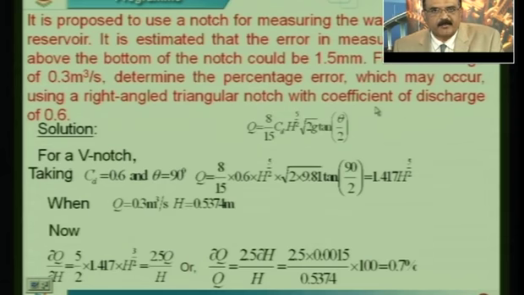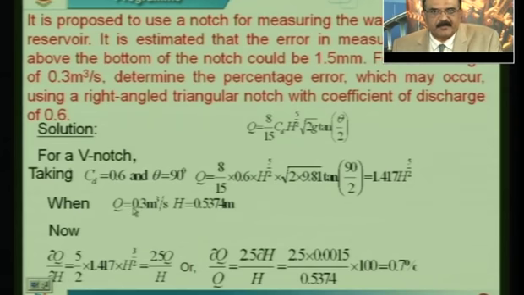Again I repeat, write a general equation for this V notch and substitute the given values. The value of CD is 0.6, theta is 90 degrees, therefore tan 45 is 1. If you simplify this equation, you get Q is equal to 1.417 h raised to 5 by 2.